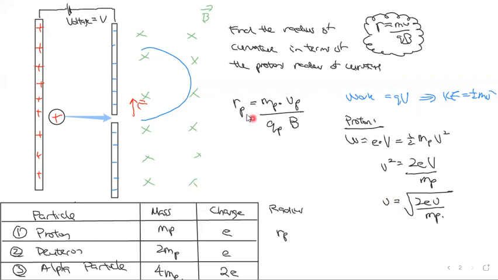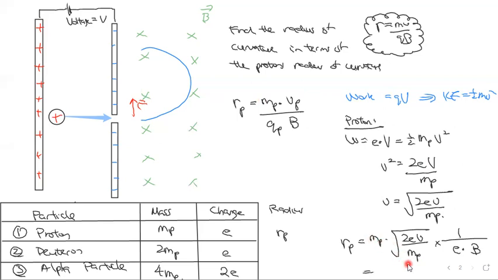Well, with that in mind, we can get the radius of the proton. And that would be the mass of the proton times the velocity of the proton divided by the charge of the proton, which is e, times B. And then you can really just cancel out the m_p with the root m_p.